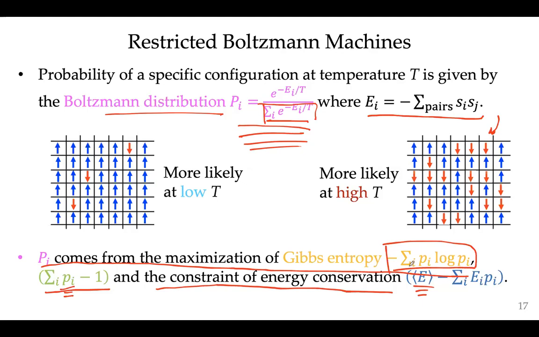So basically, this Gibbs entropy, the probability condition, and the energy definition, if you maximize these, they would give you the Boltzmann distribution.